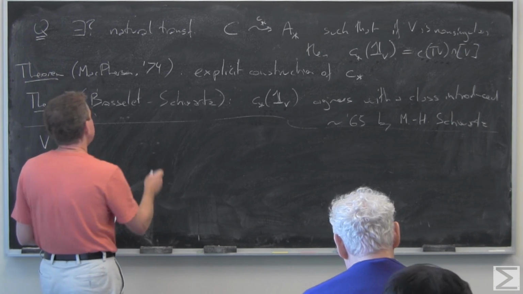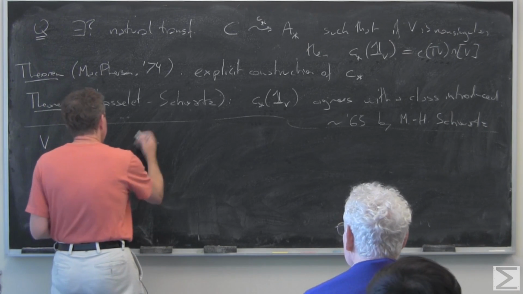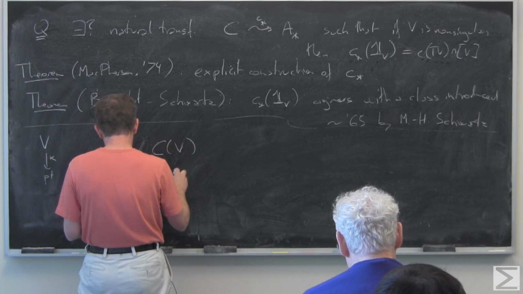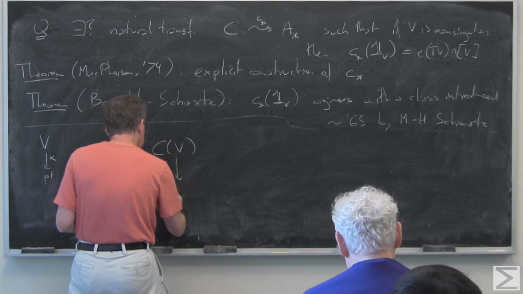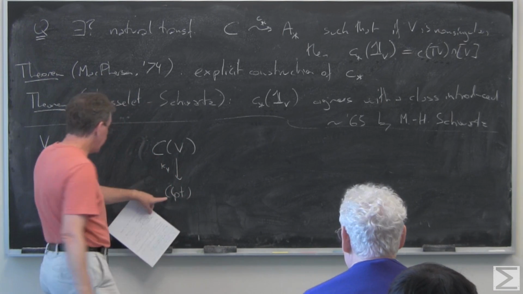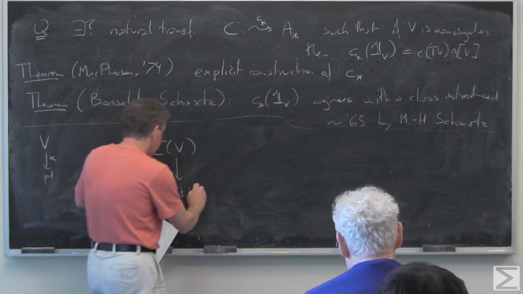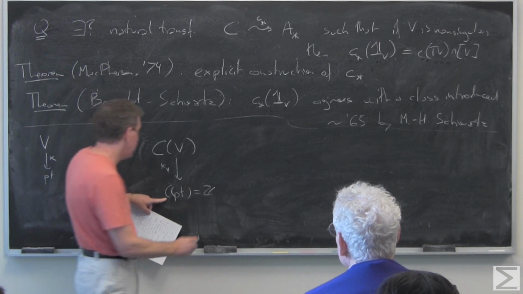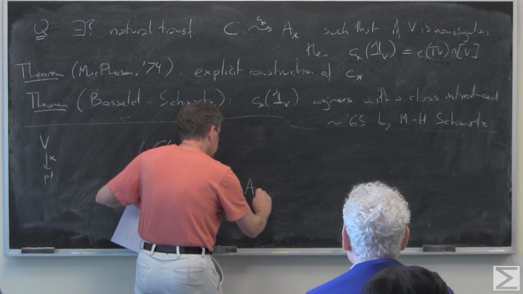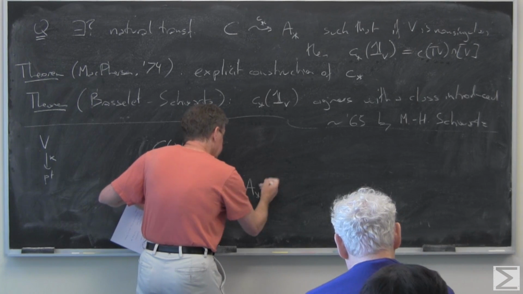I'm calling C the constructible functions, so the diagram I want to draw is this. C of V goes by push forward by kappa to C of a point. What are the constructible functions on a point? They are just a copy of Z by definition, which happens also to be the Chow group of the point.